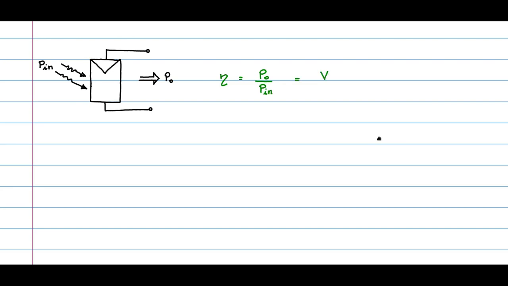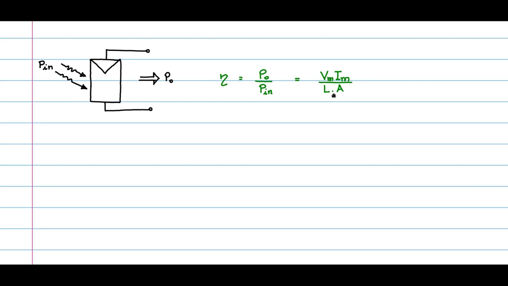And this is equal to Vm Im, which is the voltage and the current corresponding to the operating point on the IV characteristic of the PV panel, divided by P in, which is nothing but the incident insolation into the area. The insolation has units of kilowatt per meter square, and the area is in meter square, so this would become the input power.